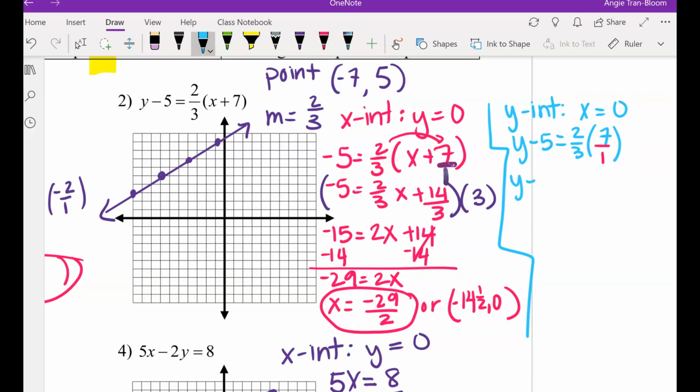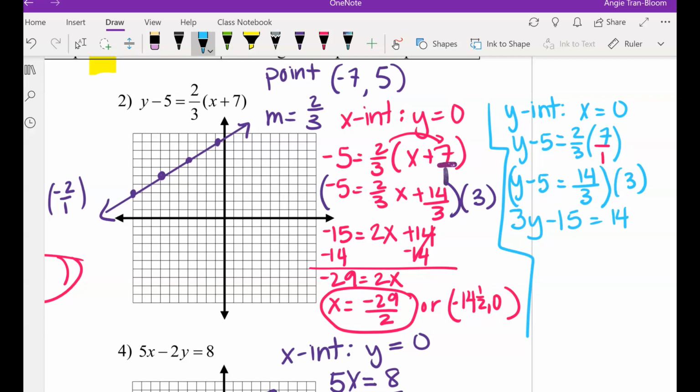So y minus 5 equals 2 times 7 is 14 over 3. Do you guys want to clear out fractions now or just move the 5 over? Now? Okay. Multiply both sides by what? 3. So that's 3y minus 15 equals 14.